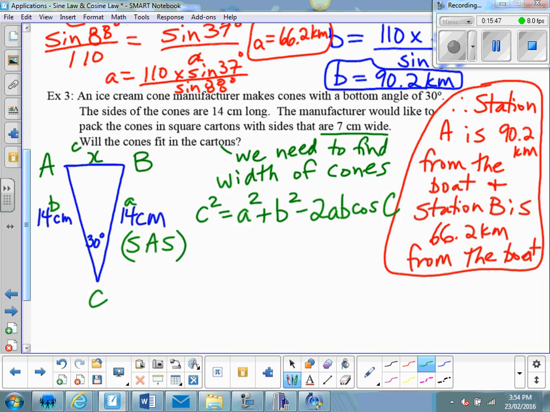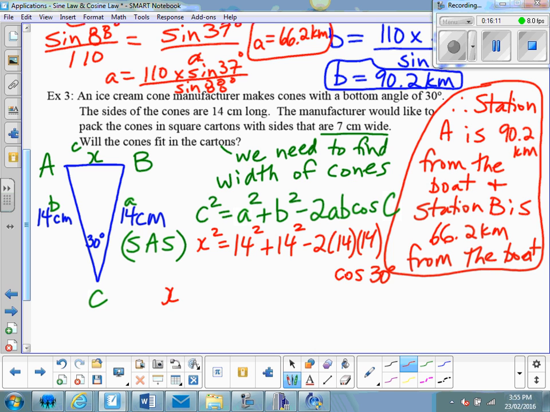And when we plug things into this formula, C is x, so this can be x squared equals. Side A is 14, side B is 14, so it's going to be 14 times 14, and then cos, and the angle is 30. So if I do the calculations here, 14 squared is 196.